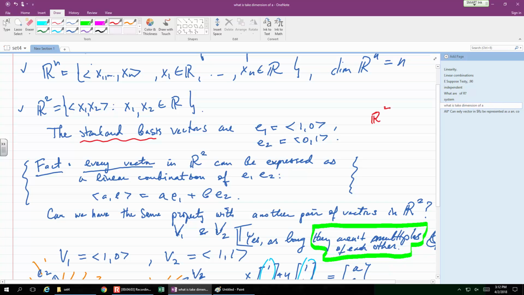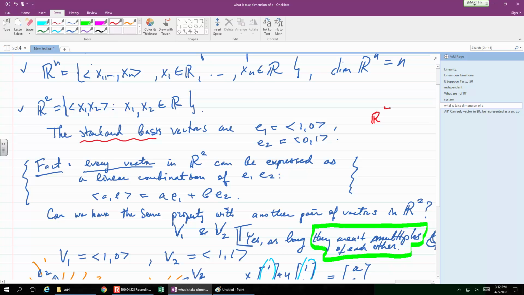But what if we encounter spaces that are not given in that explicit, simplest way, but possibly come from solving a system of linear equations? We also have to be able to express every vector within that subspace as a linear combination of these.